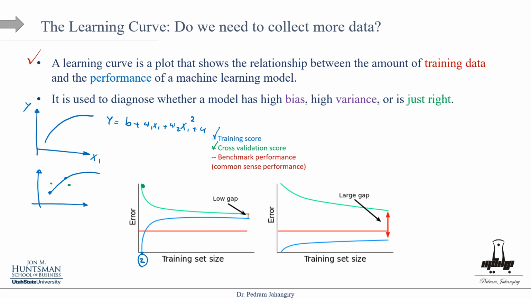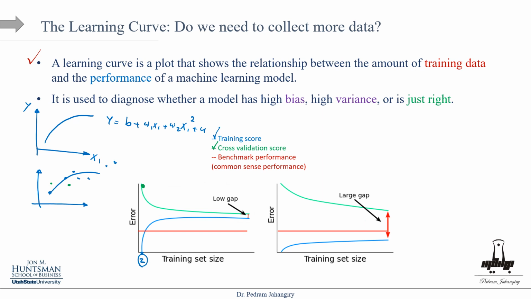Okay. Now let's start increasing the number of observations, right? So let's say we add a bunch more observations. We get something like this. And now as we increase the train size, of course, the performance of the model is going to get worse because now we have more information and the model needs to fit it.